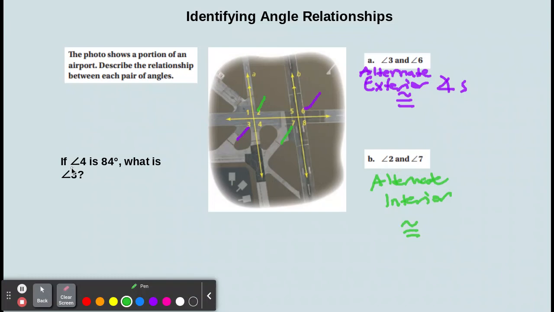So if angle 4 is 84 degrees, what is angle 3? Well, again, we can use our supplementary knowledge, right? So we do 180 minus 84, and that would then be 96 degrees.